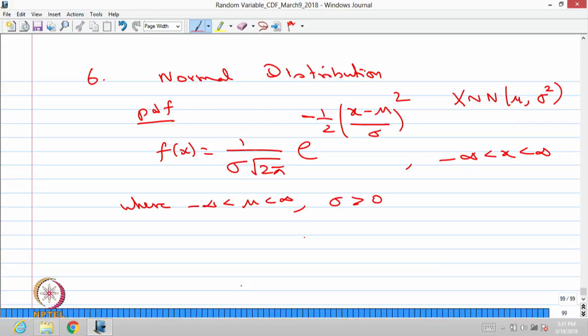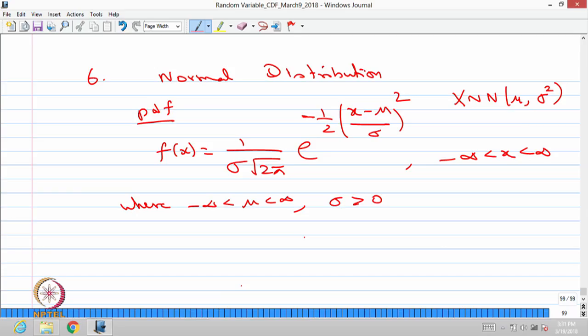Why do we write sigma square? That is because the first parameter is nothing but the mean of the normal distribution, and the second parameter, sigma square, is nothing but the variance of the normal distribution. Therefore, we write both parameters mu and sigma square, where sigma is the positive square root of sigma square, called the standard deviation of the normal distribution.